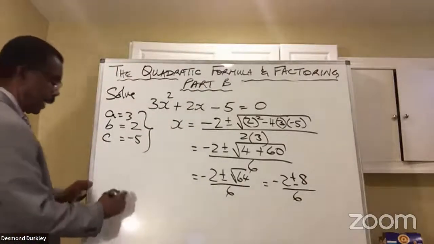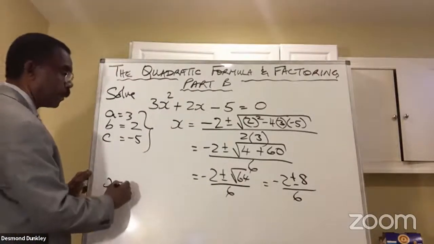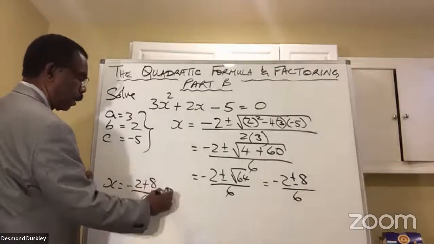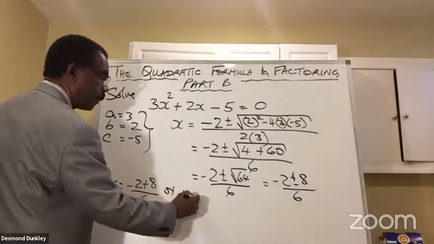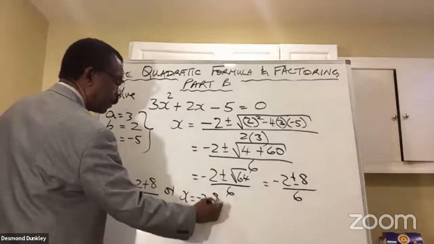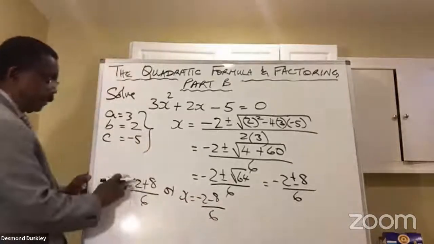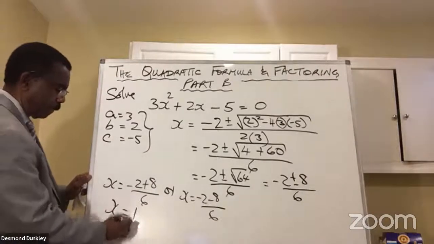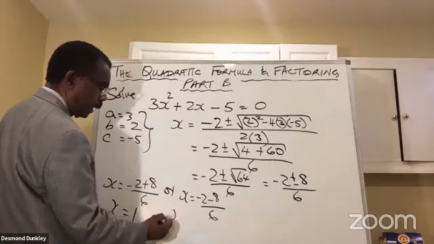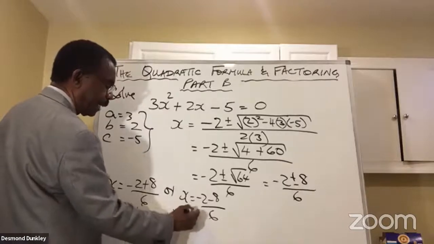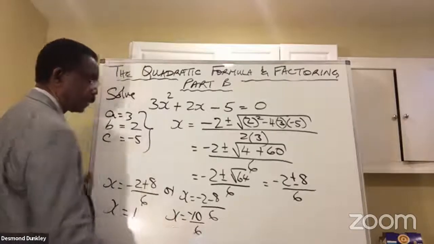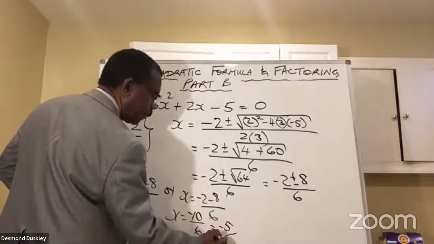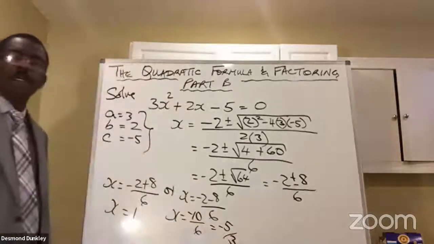So therefore we see that x is equal to -2 plus 8 over 6, or x equals -2 minus 8 over 6. From here, we get 6 over 6, x equal to 1. And from here, x is equal to -10 over 6, which is equal to -5 over 3.